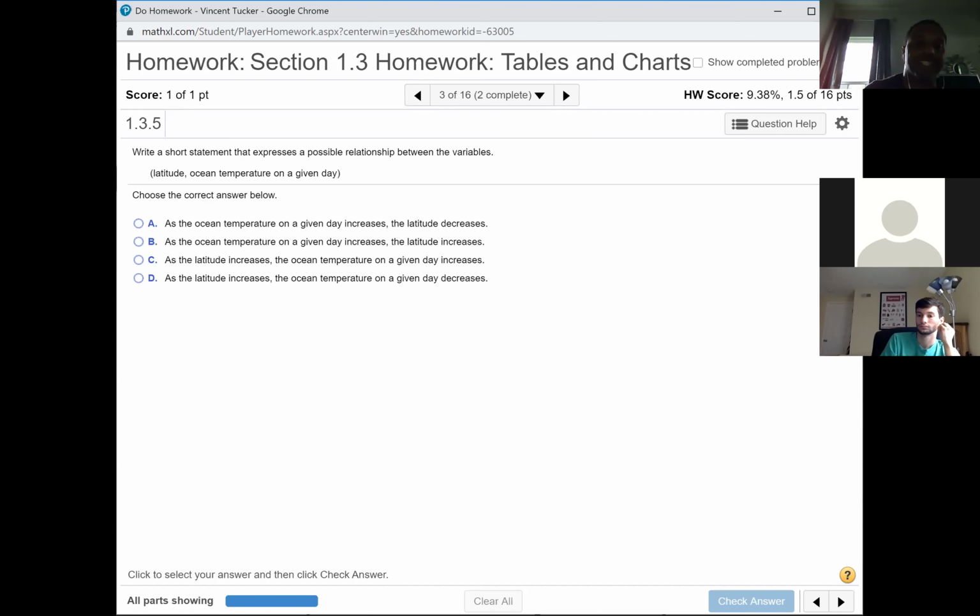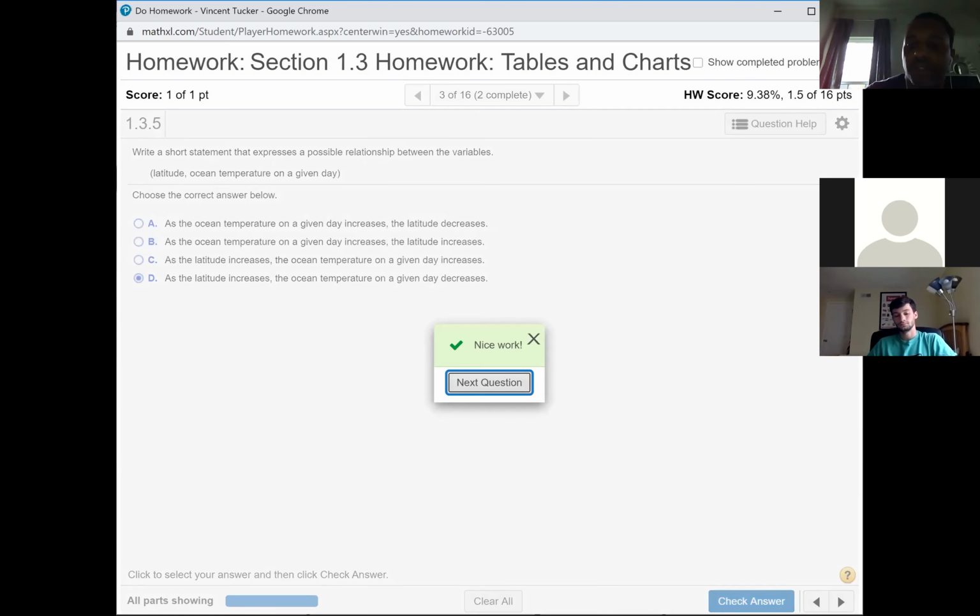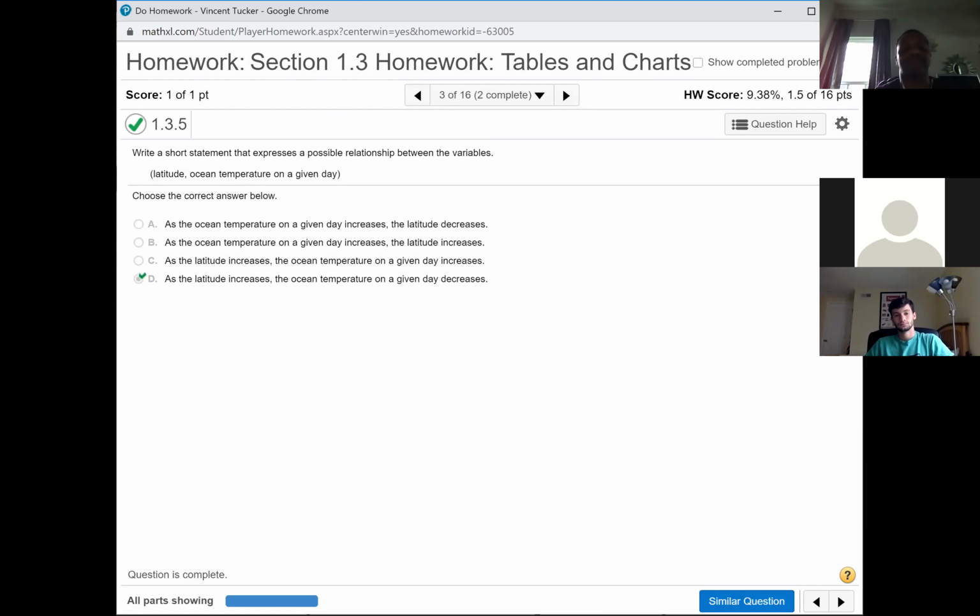So we're looking at C and D. It says as the latitude increases, ocean temperature on a given day, let's say decreases. Yeah, kind of guessed on that one. But sometimes you may get one that you may guess on, but at least you know how to eliminate options when it comes to these types of problems.